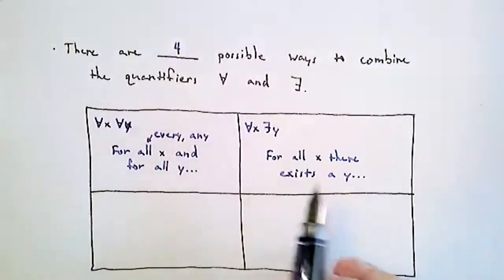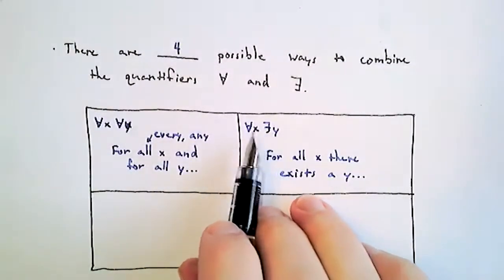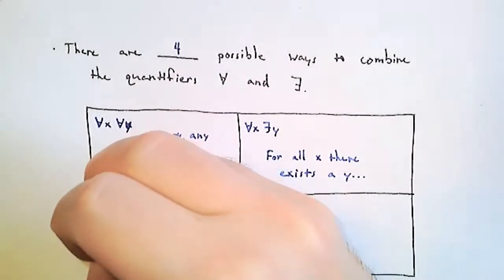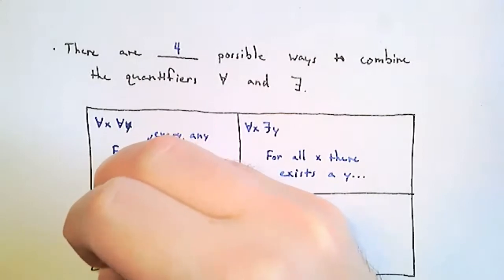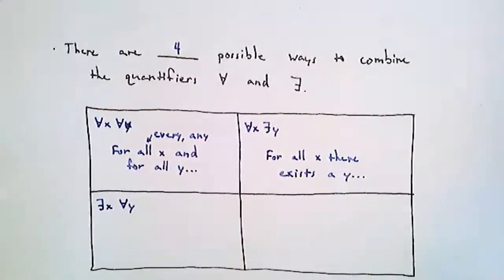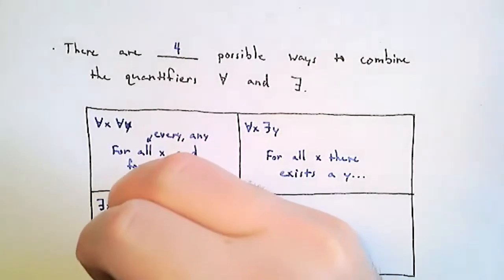And you can reverse the order of the universal and the existential quantifiers. So we could start with the backwards e, the existential, and then have the universal second. And this says there exists an x to begin with.